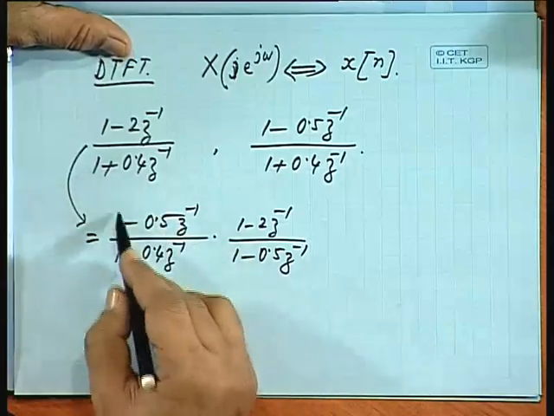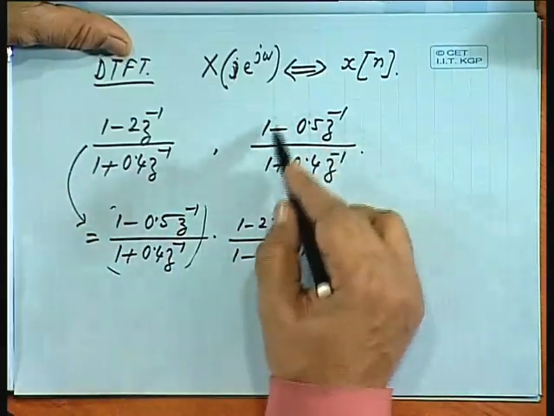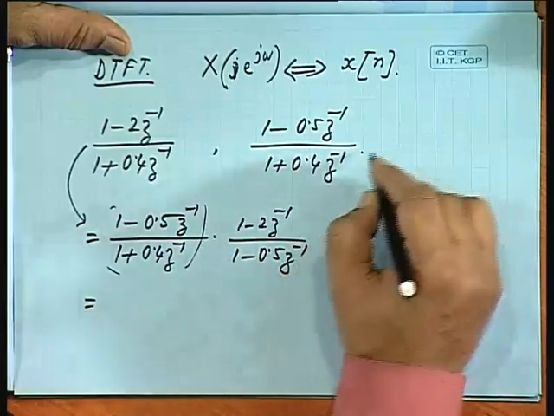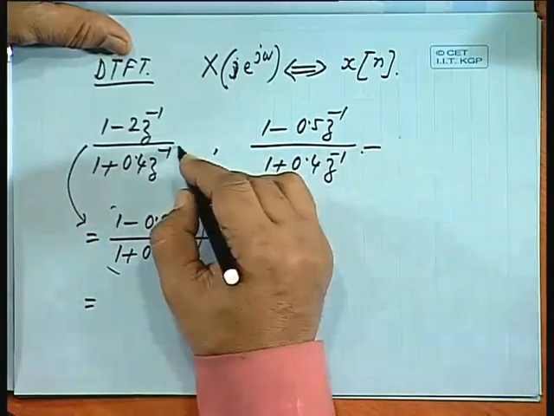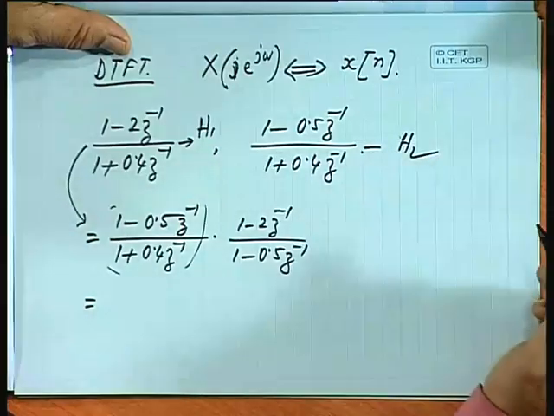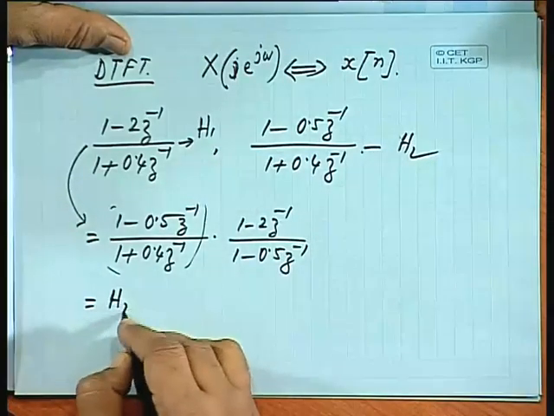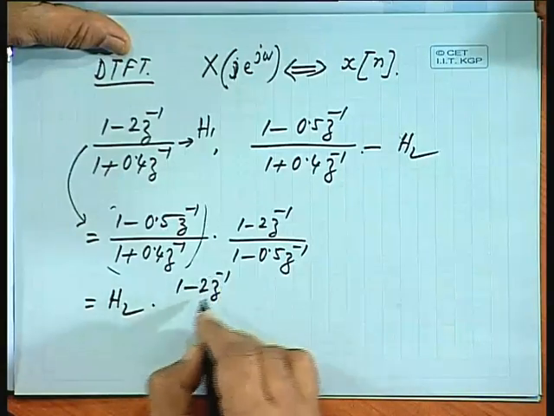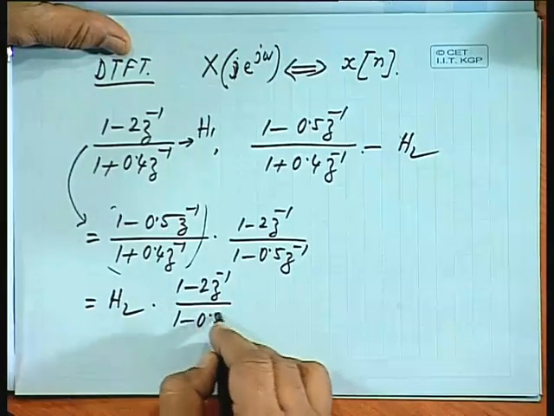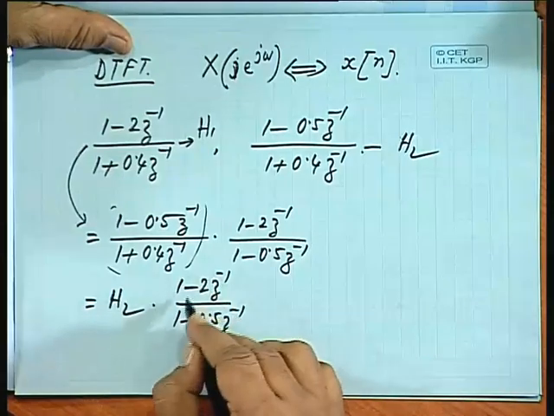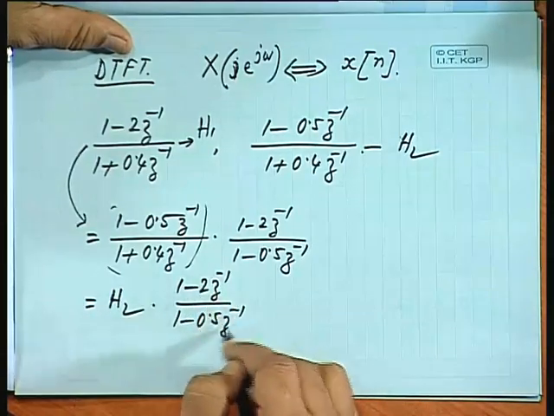Okay. Now, what is this? It is the second function, alright, I call it say h1 and this as h2. So, this is nothing but h2 into (1 minus 2 z inverse) by (1 minus 0.5 z inverse). Now, let us see what is the frequency response of this, what is the discrete time Fourier transform of this.